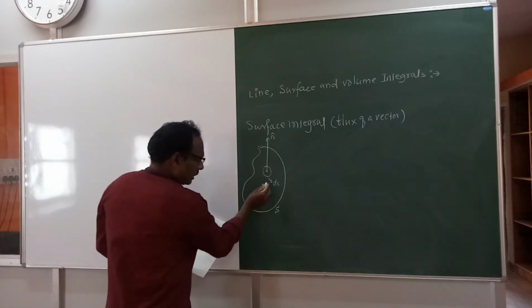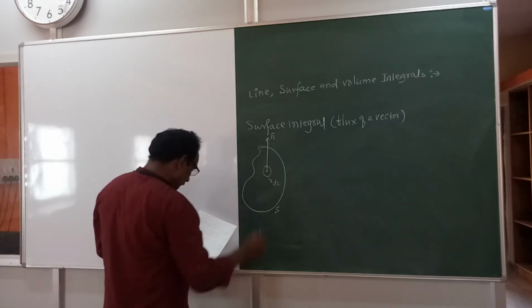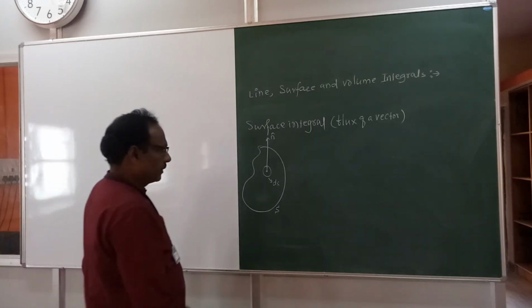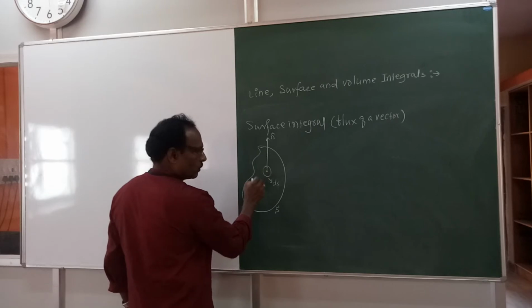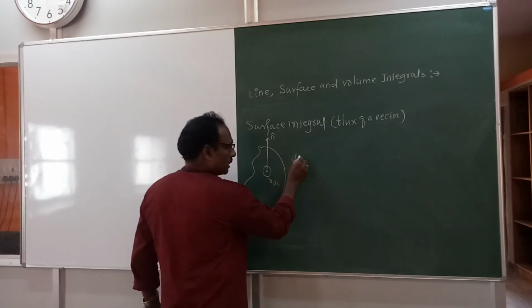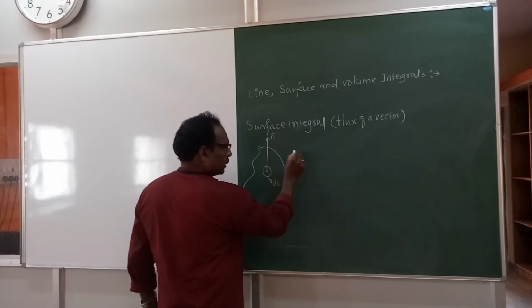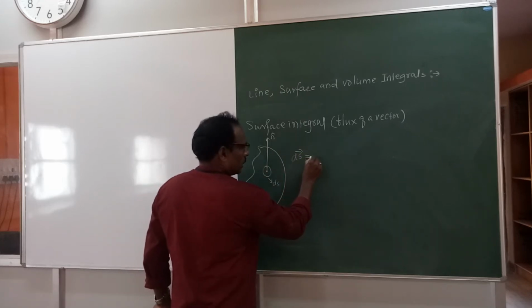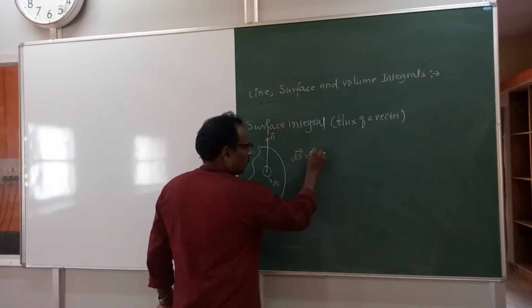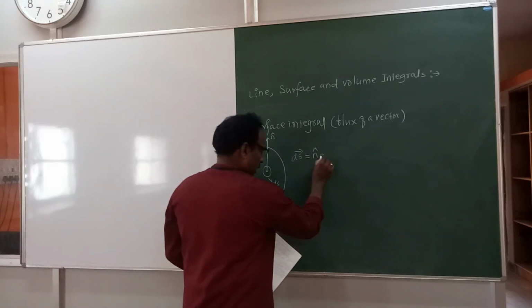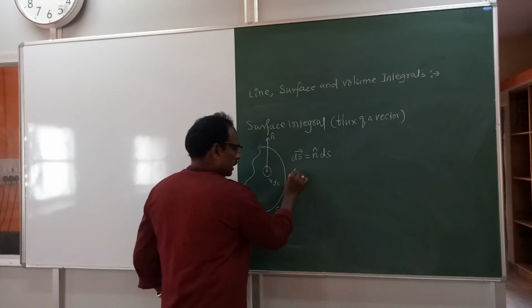So this ds will work as an area vector. Depending upon this, ds is the magnitude here, that is unit vector n ds. Ds is the area, and it is called the area vector.